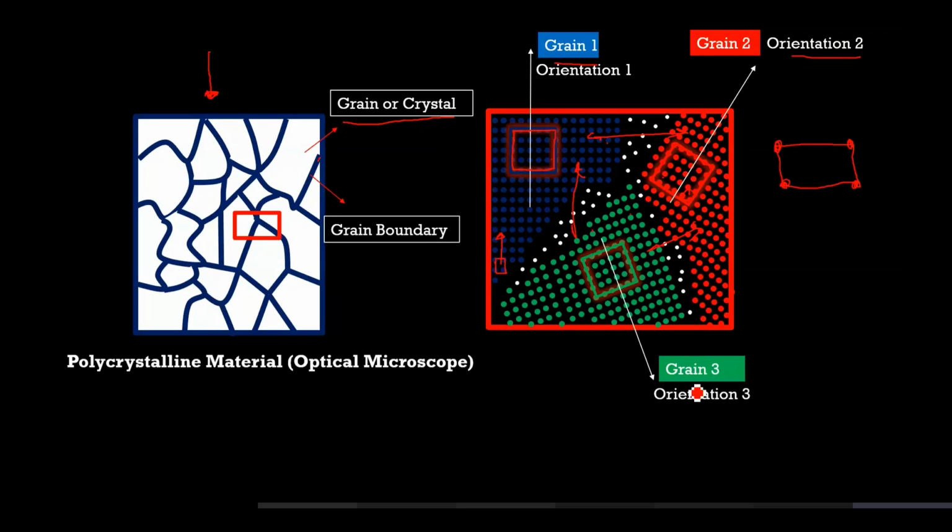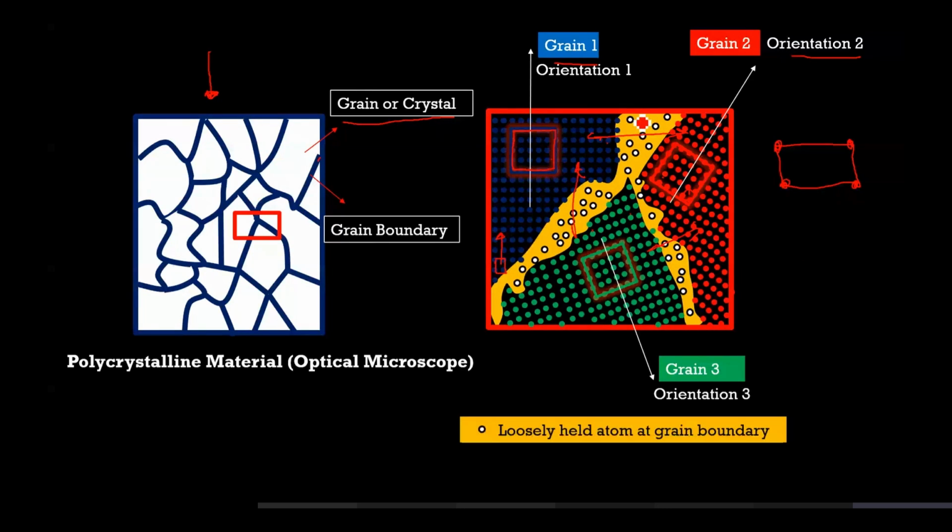Essentially, there would not be any atomic arrangement within this region, and this region would have loosely held atoms. The region is known as the grain boundary, which is a highly energetic area. Atoms are at high energy within this area. This would be your grain 2 or crystal 2.